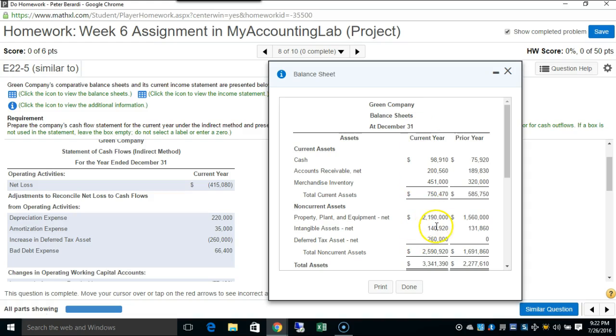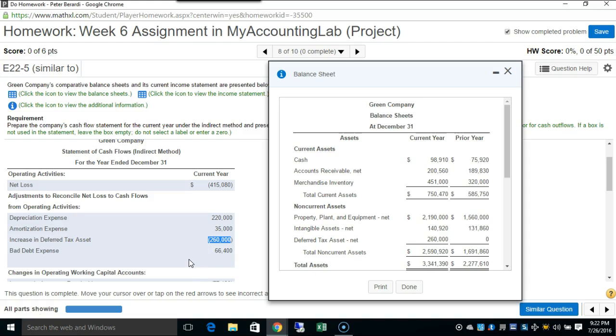So in the current year, we increased our deferred tax asset by $260,000 from prior year. Therefore, we decrease our cash flow statement. So that's where the increase in deferred tax asset comes from. It comes from your balance sheet.